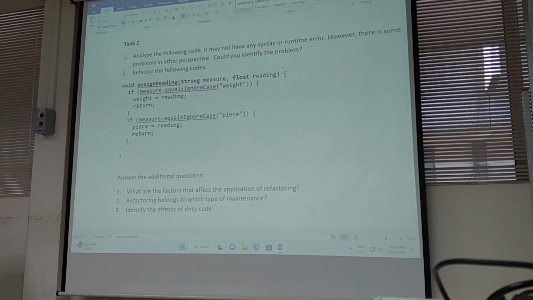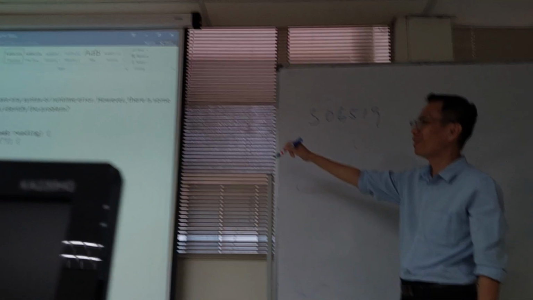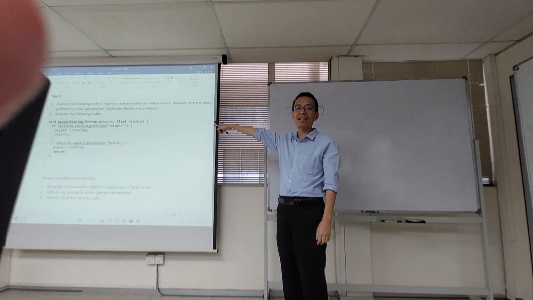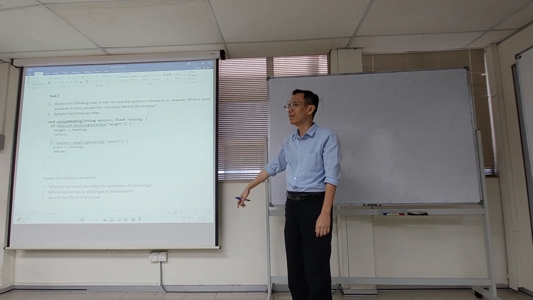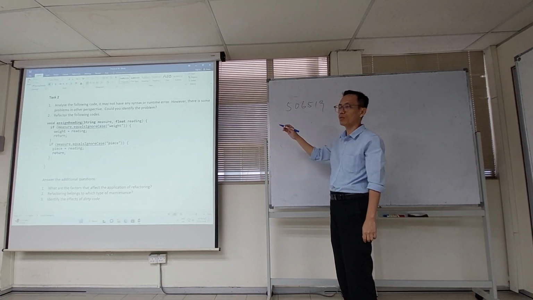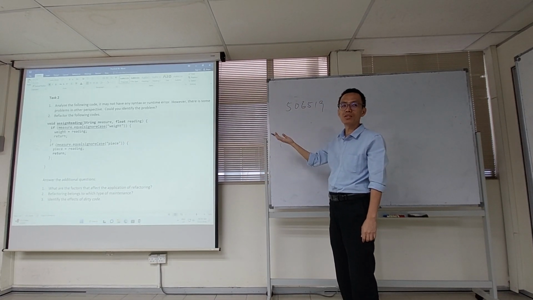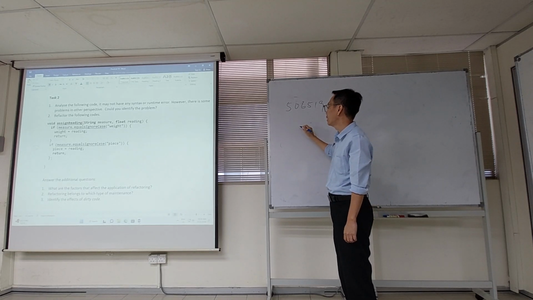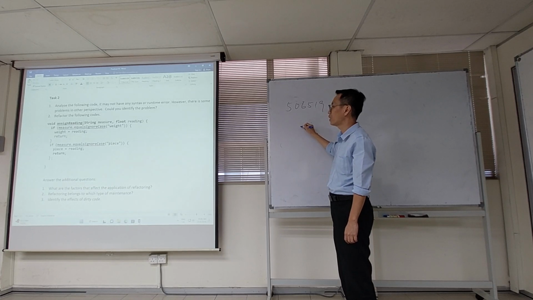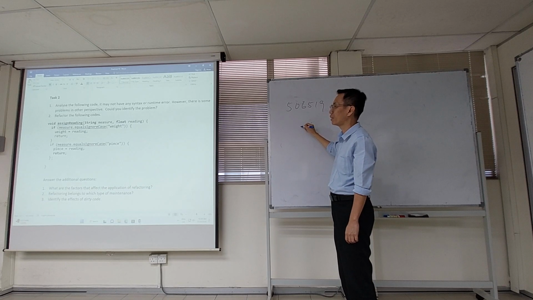Okay, now this function, why? Because it targets two different variables, weight and piece, right? So in this case, it's not so suitable. So you have to split into two functions. Let's say I modify it because the return value is a reading value.